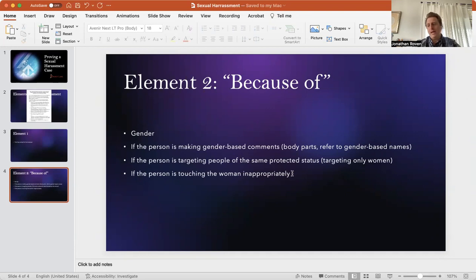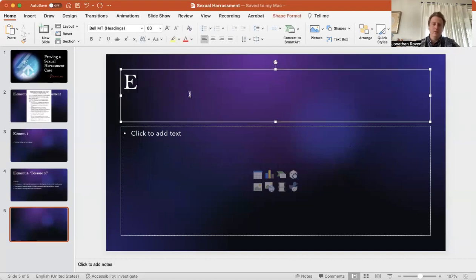But for example, if a man wants to hug a woman and they're hugging everyone, then it would be more difficult to show that it was because of gender than if the man was only hugging a woman. Not to say that it's not a case, just that the defense would have that kind of fact in order to rebut what the plaintiff is saying.